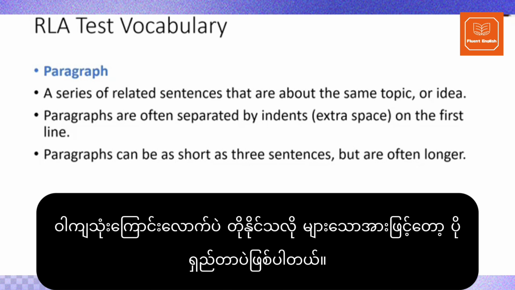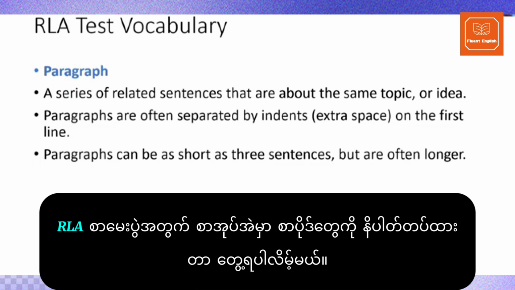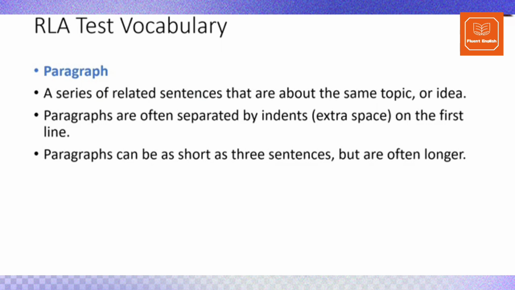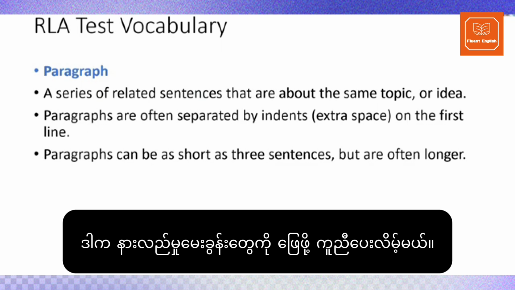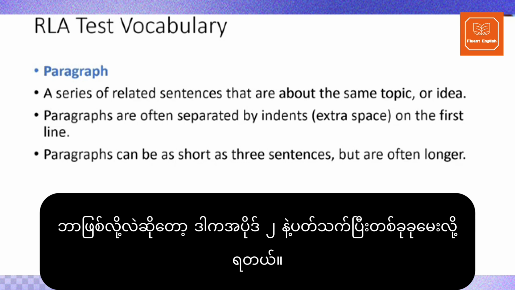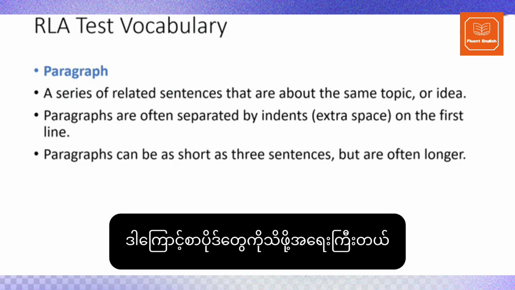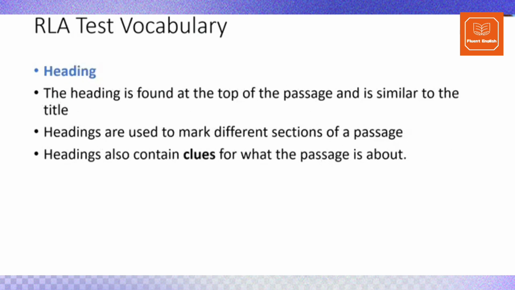Now, paragraphs can be as short as even just 3 sentences, but often they are longer. And in your workbooks for the RLA test, you should see that the paragraphs are also going to be numbered, right? 1, 2, 3, 4. And that will help you to answer the comprehension questions, because it might ask something about specifically paragraph 2. Okay, so it's important to know paragraphs.